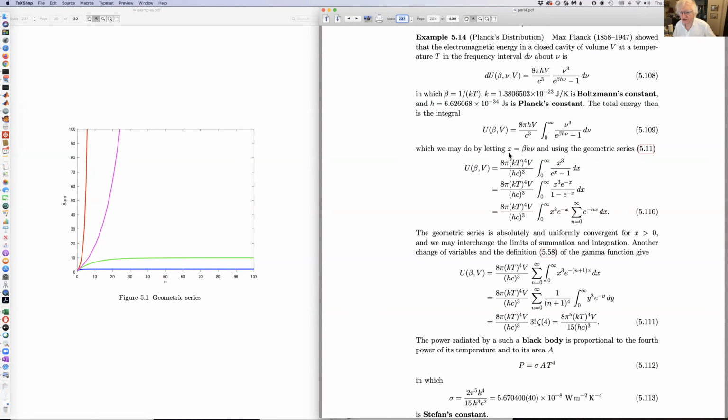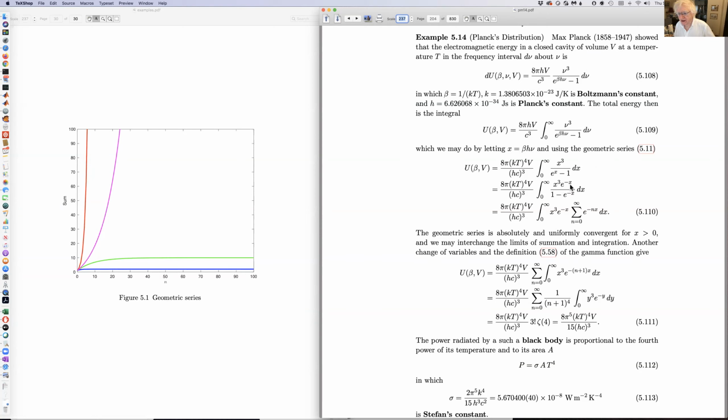Well, the first thing is we change variables, set x equal to beta h nu, and you get this expression. And now I found it easy to multiply by e to the minus x, top and bottom, and I got that. Now think about that.